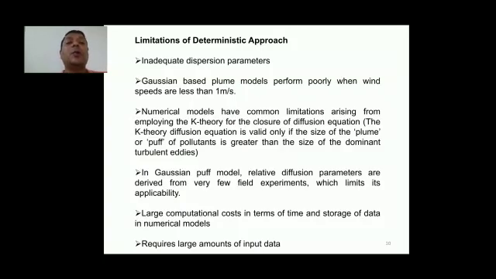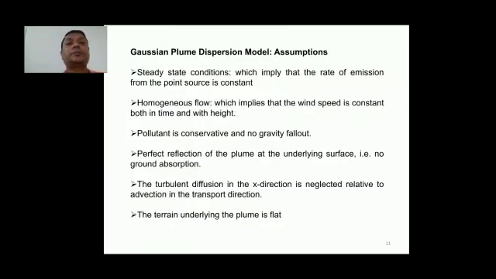In Gaussian puff models, relative diffusion parameters are derived from very few field experiments, which limits their applicability. There is a large computational cost in terms of time and storage of data, as numerical models require a large amount of input data. So these are the limitations.